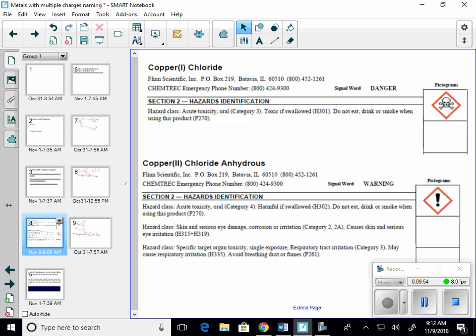Safety-wise, copper 1 chloride is acute toxicity if swallowed. Copper 2 chloride, so the second one that you're seeing, well, it's harmful if swallowed, but ladies and gentlemen, there's a difference between toxic and harmful. So not only as you're looking around, do you see that they look different, but they behave different as well.